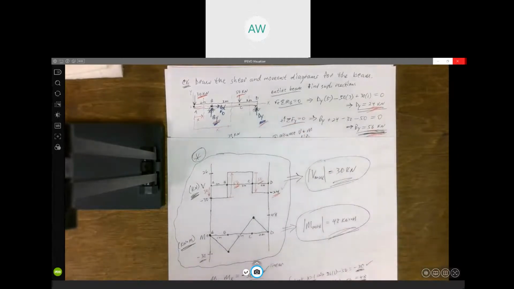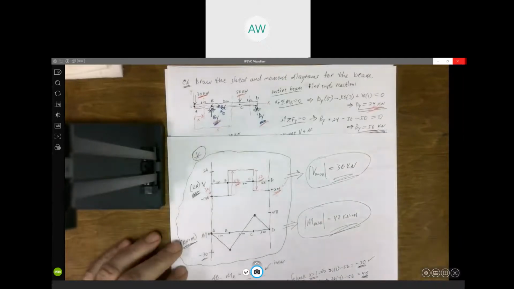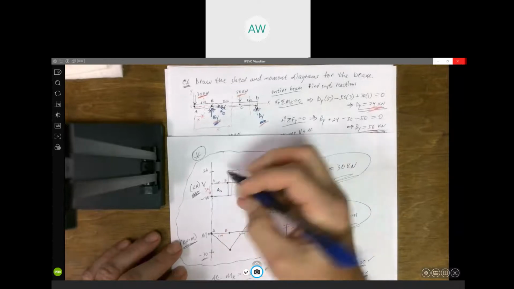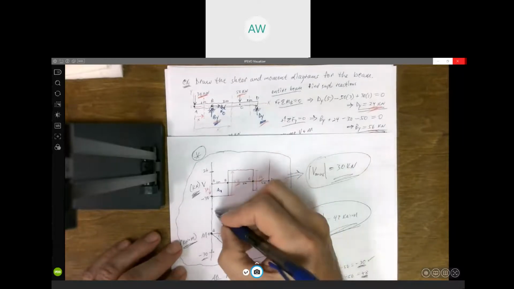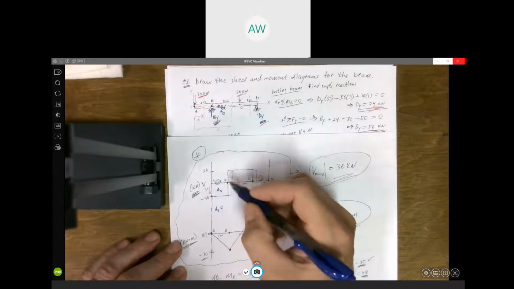Right? But what I want to point out now is a little bit different observation. What we just proved was that the moment is going to increase or decrease by the amount under the shear diagram or shear curve. So look at this area. We'll call this A1. Well, what is that area? Well, it's 1 meter wide.